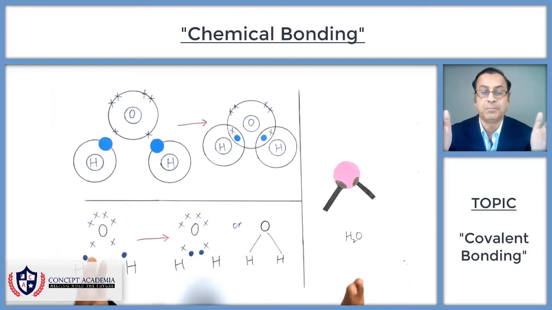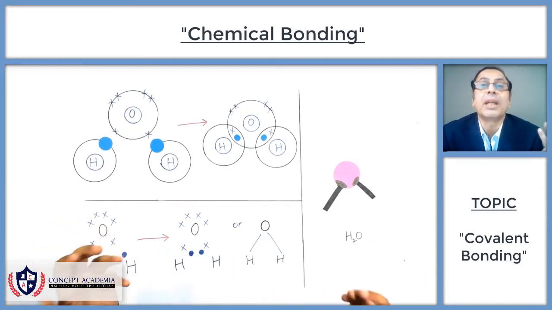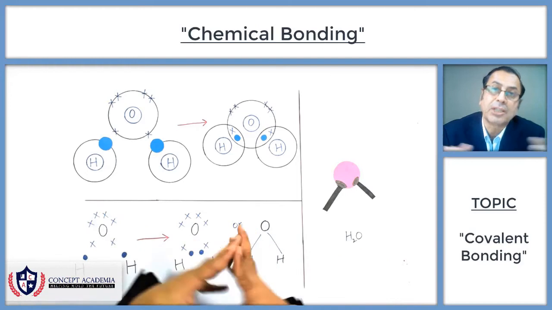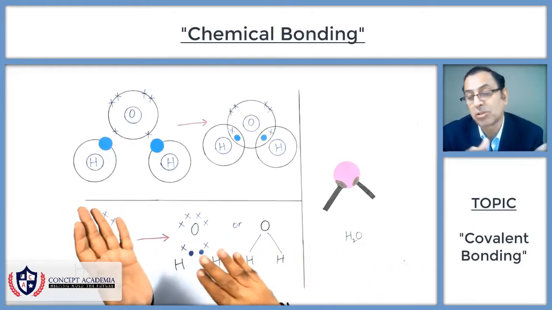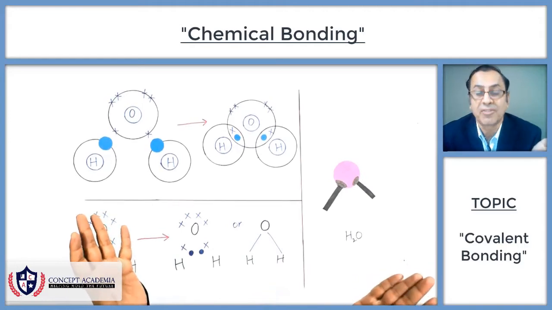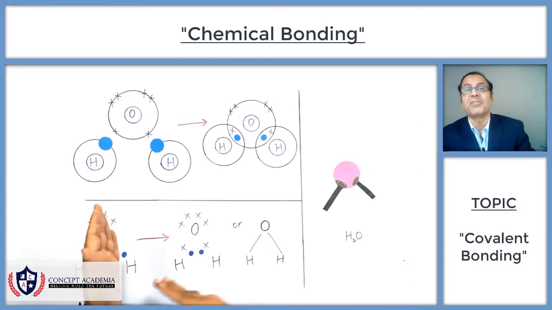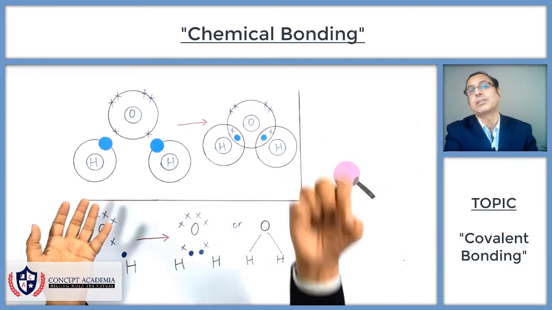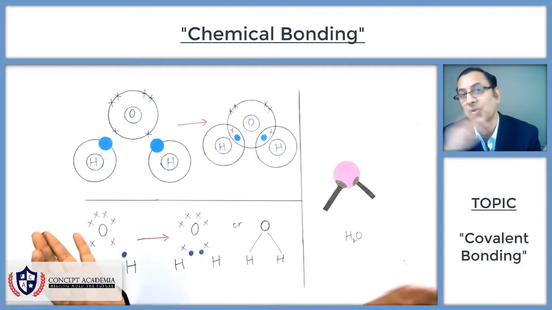And to sum up, atoms need stability, to get the last shell electronic configuration like the noble gases. Sometimes it is possible to have a complete transference of electrons, where one atom gives away its electron and the second atom gains an electron.